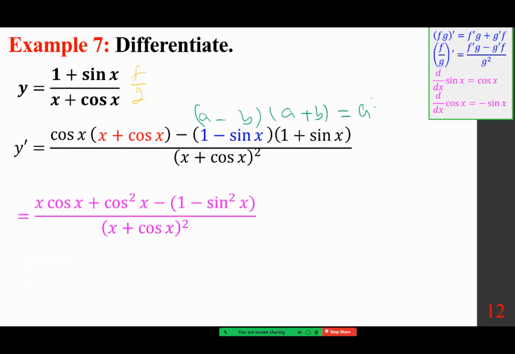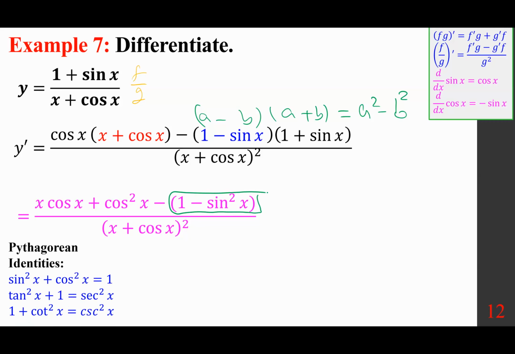The product is a squared minus b squared. Now, since sine squared plus cosine squared is 1, we should know that 1 minus sine squared is cosine squared, for example.